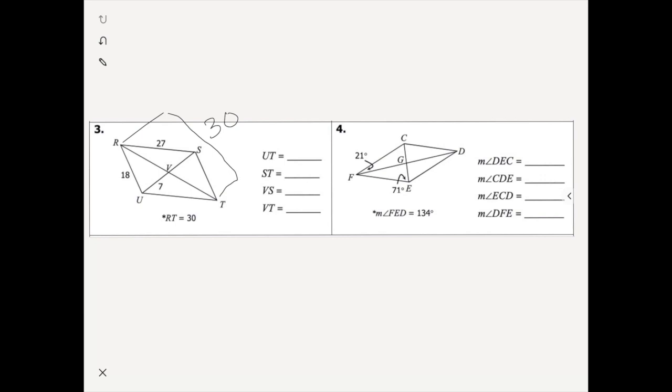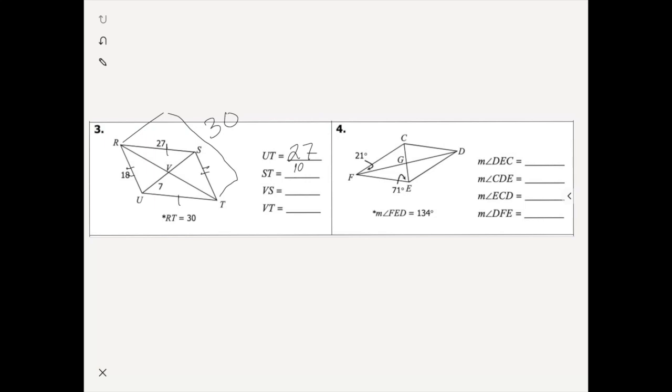And UV is 7. They also told us that RS is 27. So our first property tells us that opposite sides are congruent. So if RS is 27, then we know that UT is 27. If RU is 18, then we know that ST is 18.